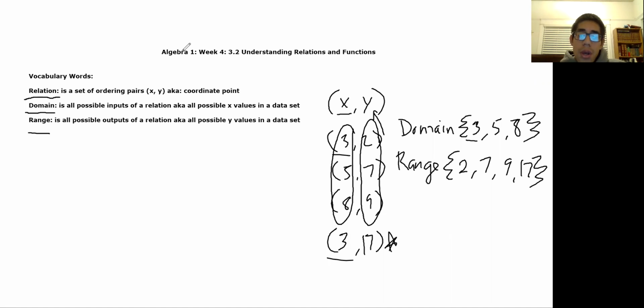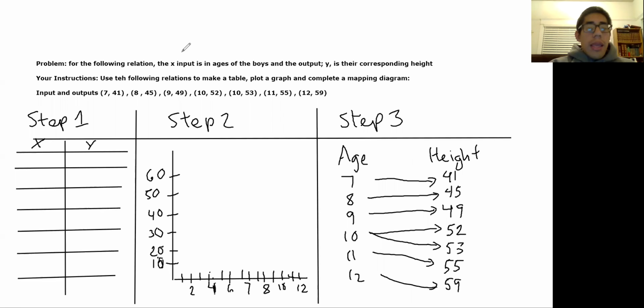In these problems, you're going to be asked about relations. These are your coordinate points, these are your ages, whatever it is that they're going to ask you, and you're going to have to do 3 things: step 1, step 2, and step 3. Step 1 is making a table. Let's read what the problem says.